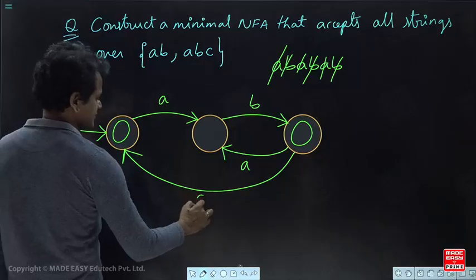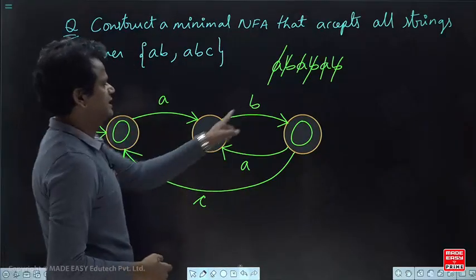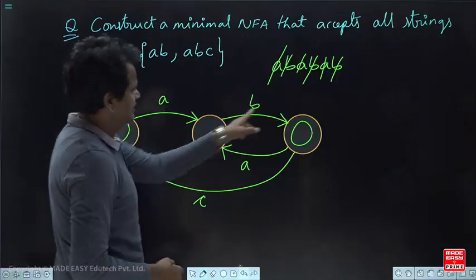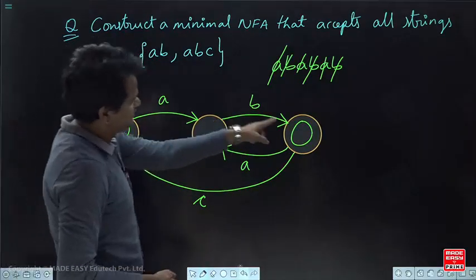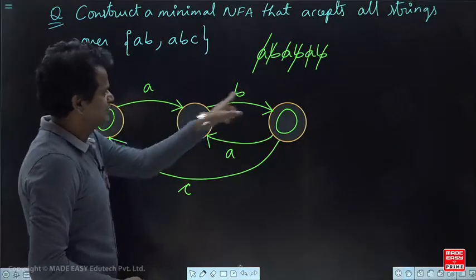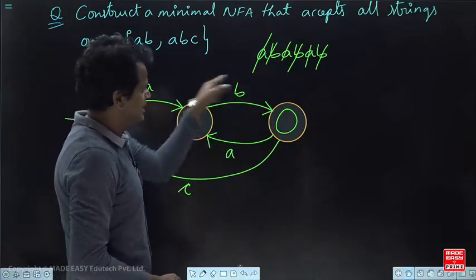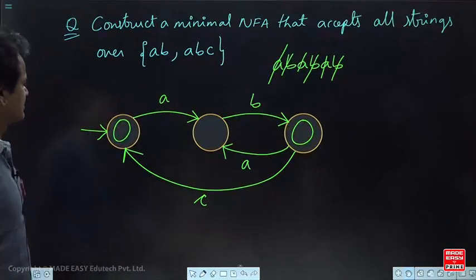ABC. Look at this one. ABC, with AB in between. ABC. So it accepts all the combinations of AB and ABC. So this is the best diagram.